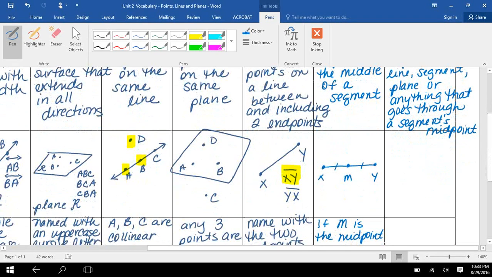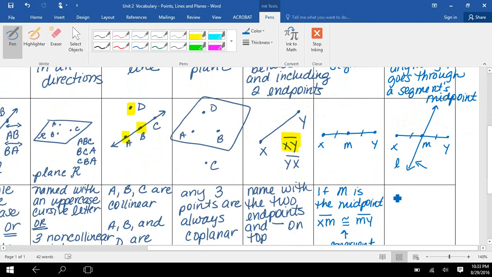So for example, I could have this little segment hanging out right here. Here's XM again, or excuse me, XY. And then I'm going to take this line and whoosh, I'm going to cut through that segment with this line. If that line goes through the midpoint, then this line, let's call it line L, that means line L is a segment bisector. Line L bisects segment XY.